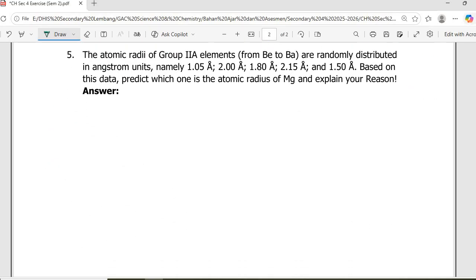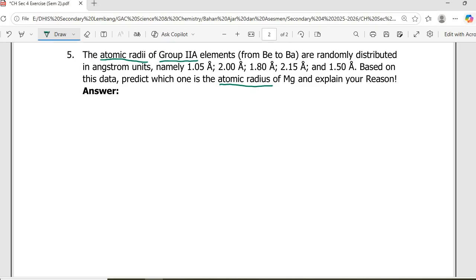The next question is related to atomic radius, or atomic radii. Let's read the question first. The question is about the atomic radius of group 2A elements. We have a clue in group 2A, so the order is based on groups, not based on periods.